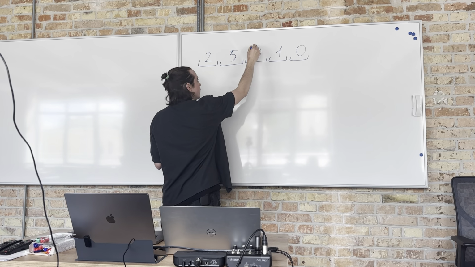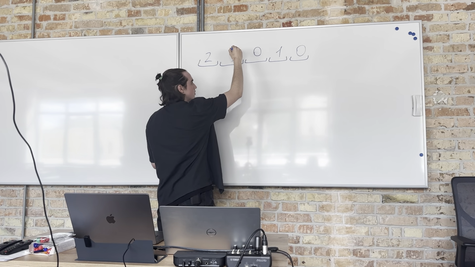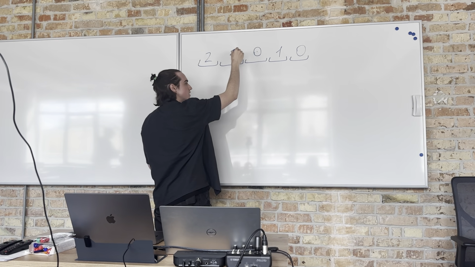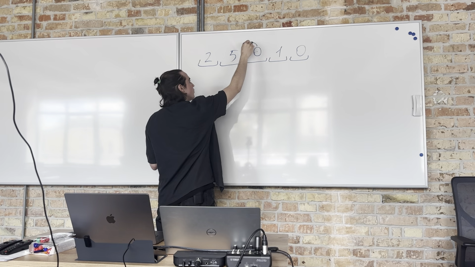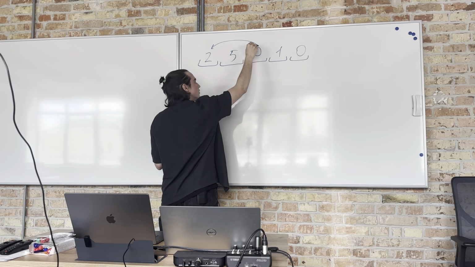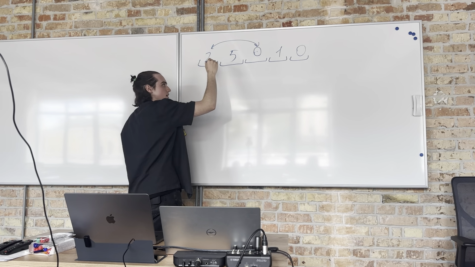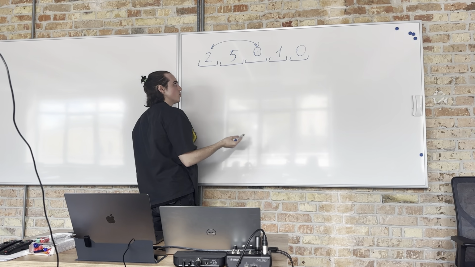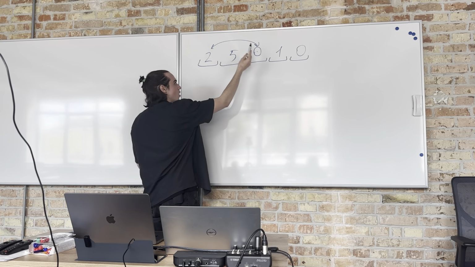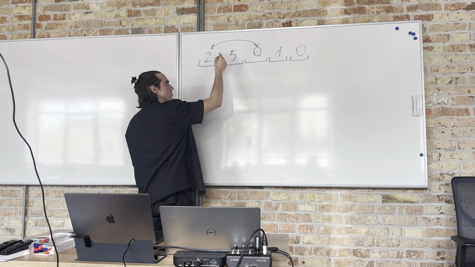So we compare those two elements, and we see that our current element is less than the previous. Okay, we move on. Now we compare this element with the previous one, and we see that one more time our element is less than the previous element.